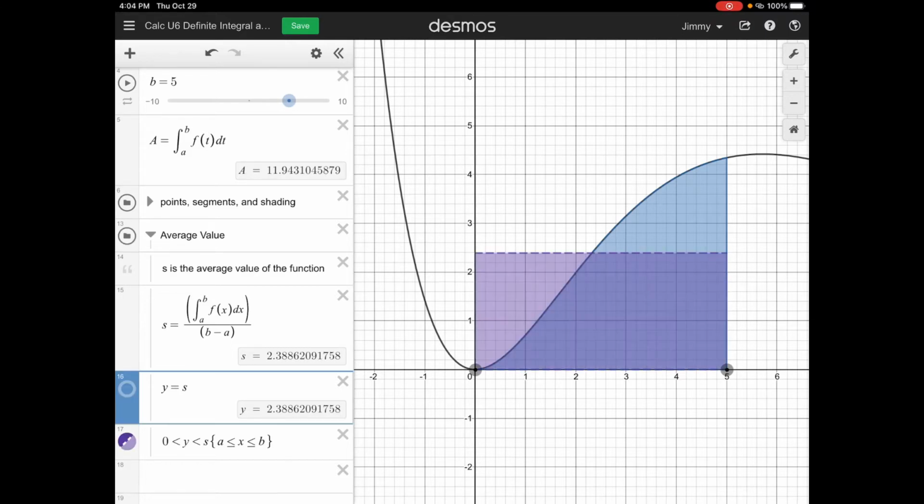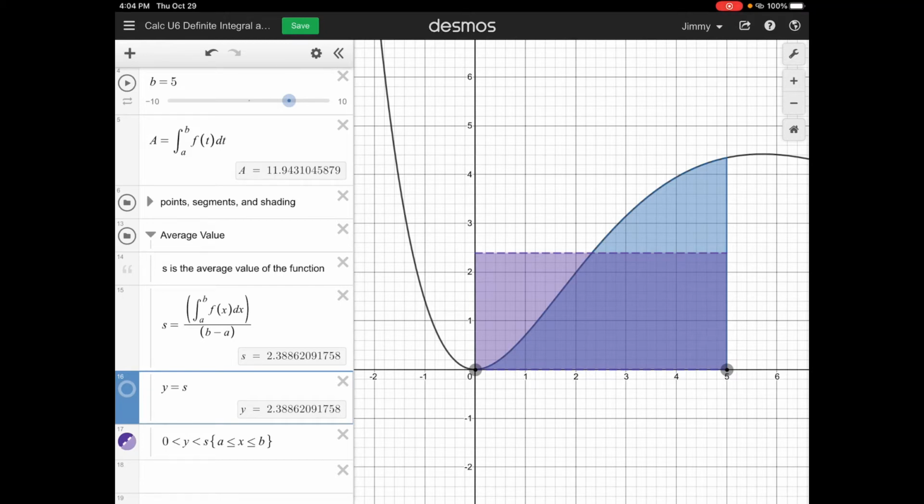Now, I'm going to make a representative rectangle here of the average value and what it represents. Geometrically, we have this rectangle in purple. The area of this rectangle in purple is equal to the area underneath the curve.